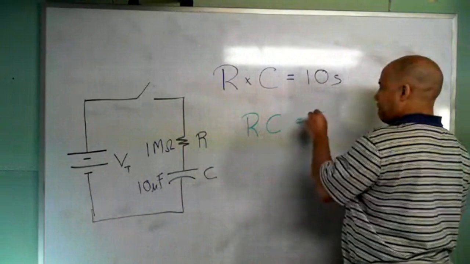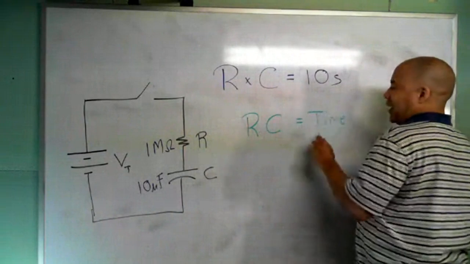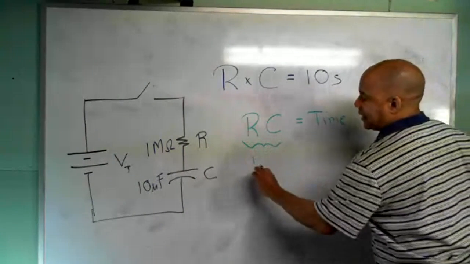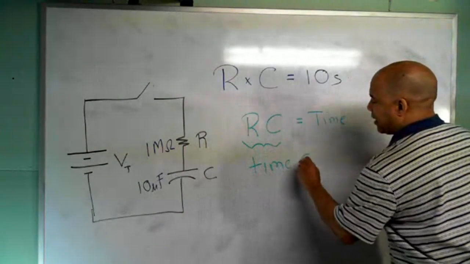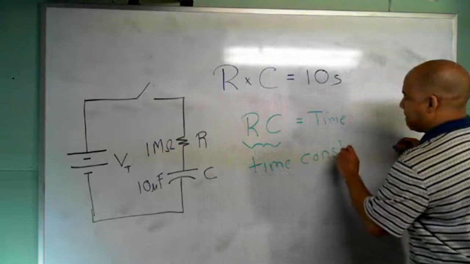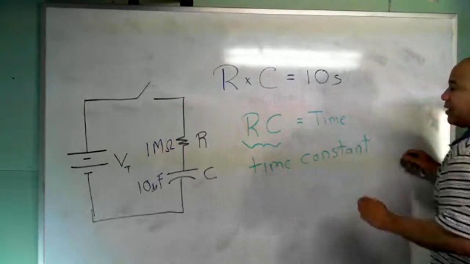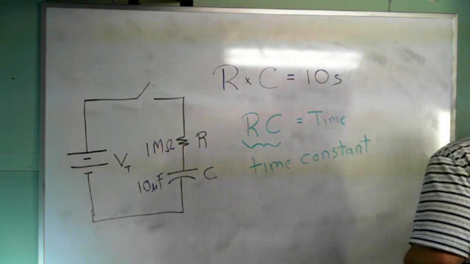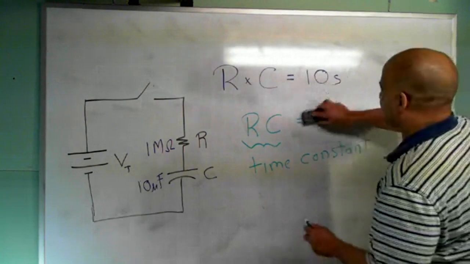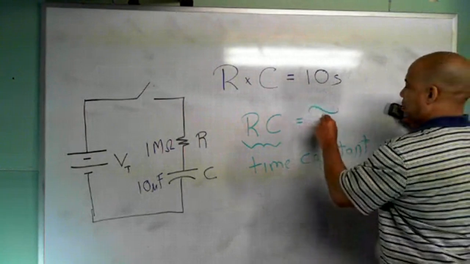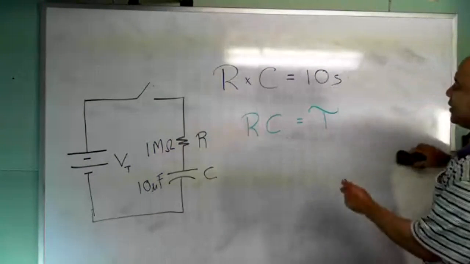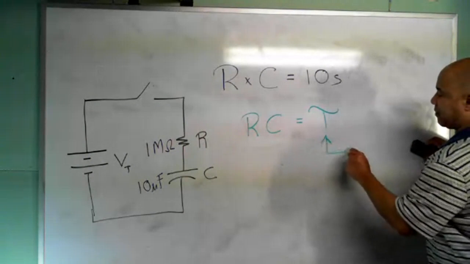So what they do, this product right here, they call that a time constant. And the way they represent it is like this. So this is what we call a time constant.